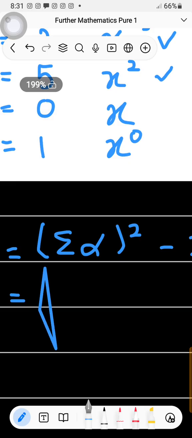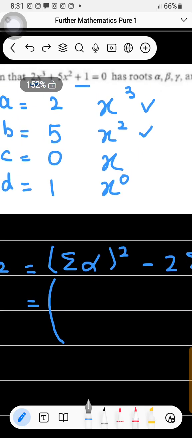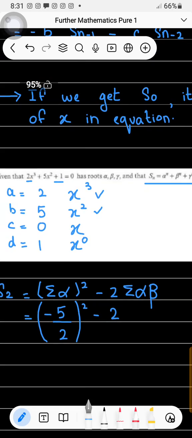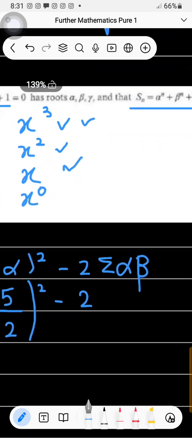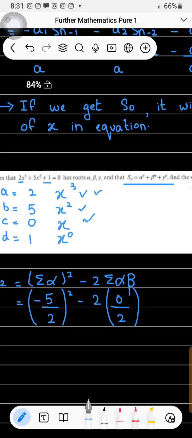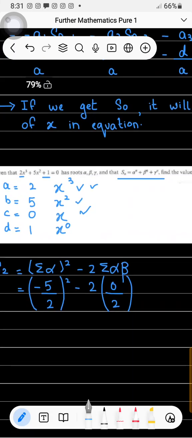B is 5, so it becomes negative 5, and a is 2, so negative 5 upon 2 whole square. Then minus 2 sum of alpha beta, which is c upon a, 0 upon 2. If we calculate this, we have 25 upon 4 as our answer.